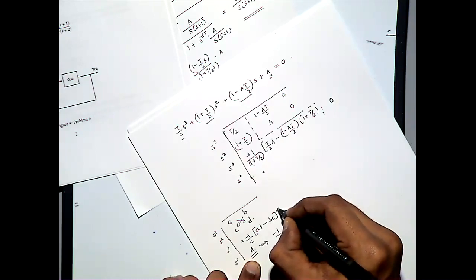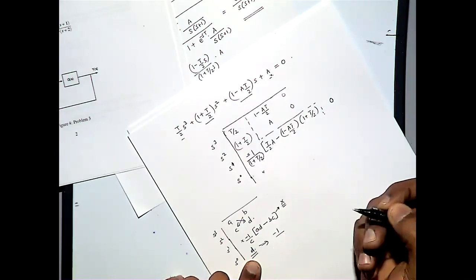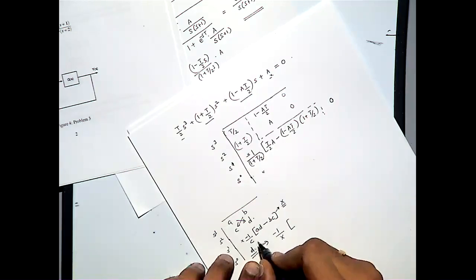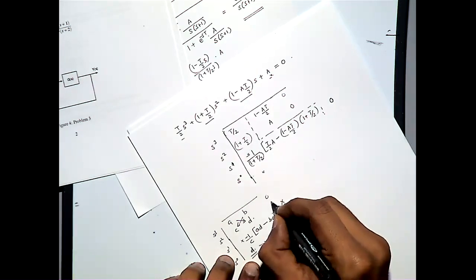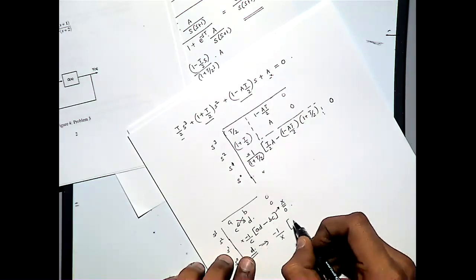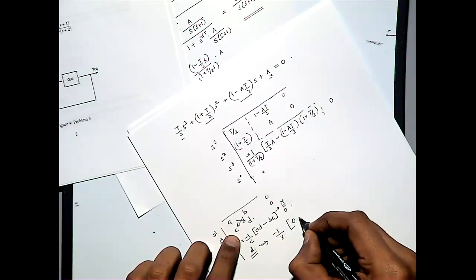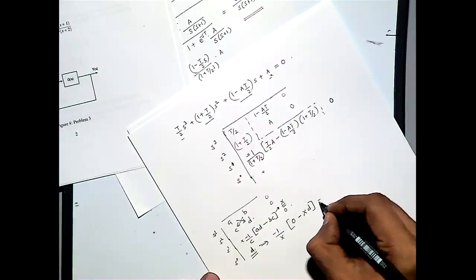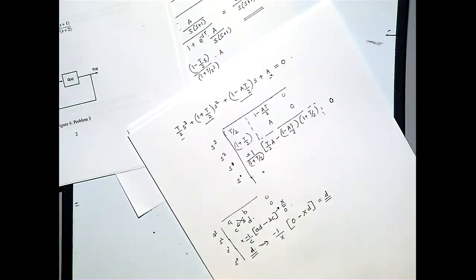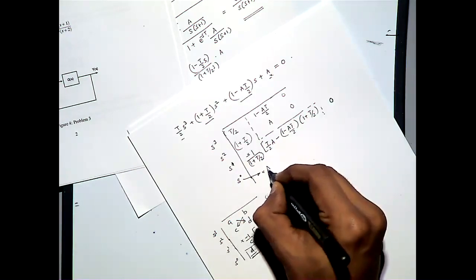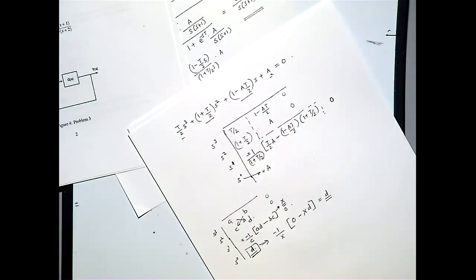Let's assume this term is x for simplicity. Minus 1 by x times, then you have zeros here, then you do 0 minus x d, which will give you d again, right? That's how you got the d term here. Similarly, for this s0, you get the coefficient A here.